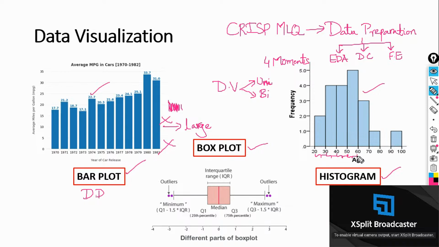It creates some bins. See, 20 to 30 is a bin, 30 to 40 is a bin. Bin, group, all are the same.